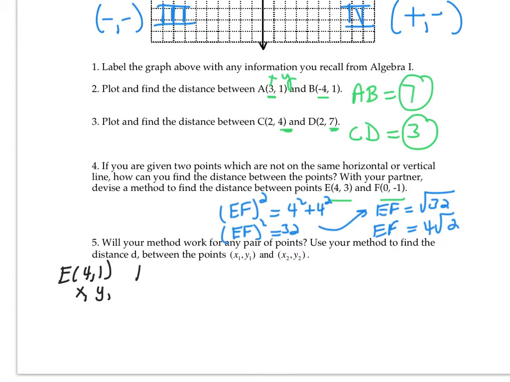And that point F at 0, -1 would be considered x2, y2. So the length of that horizontal distance could be found by taking x2 minus x1. And the length of that vertical distance could be found by taking y2 minus y1.